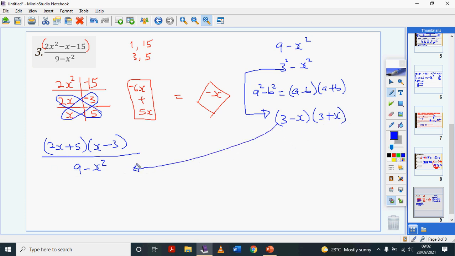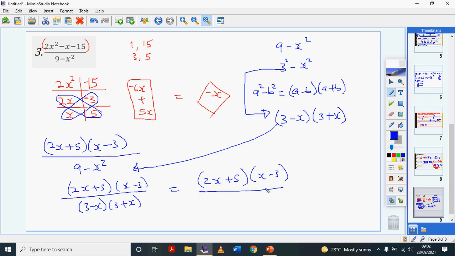So that's what I'm going to write in the denominator here. First I write the numerator, 2x plus 5 into x minus 3, and now I write the denominator, that is 3 minus x into 3 plus x. 3 minus x can be written as x minus 3 with a negative on the outside, and then 3 plus x can be written as x plus 3.